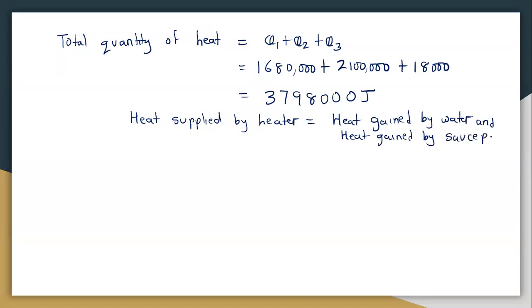So what does it mean? It means that the quantity of heat by the heater is always given by power times time, which is equal to the quantity of heat.